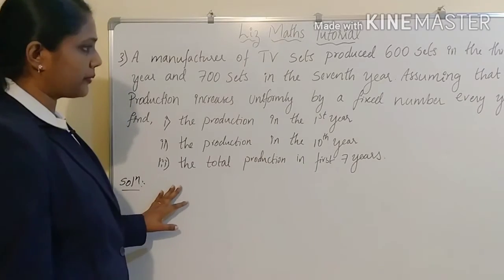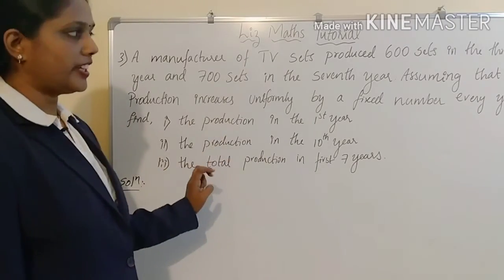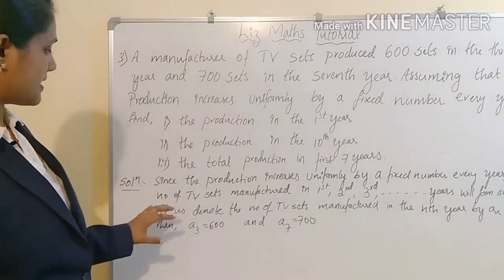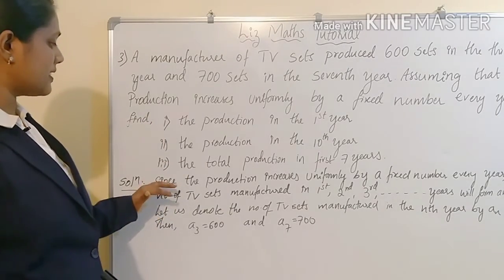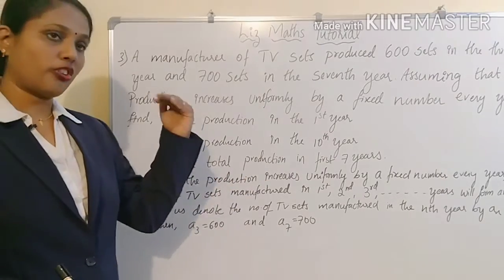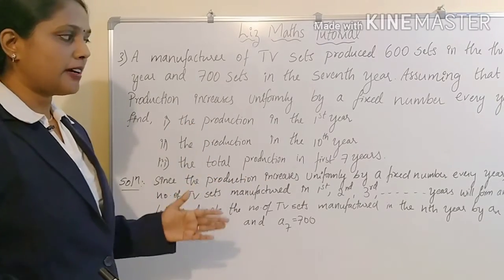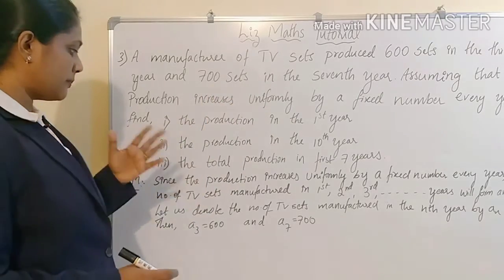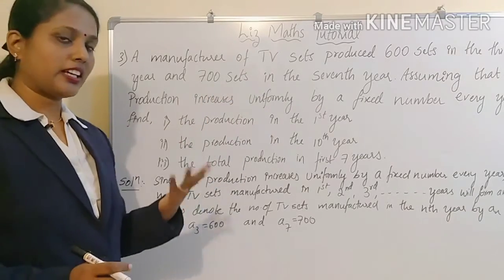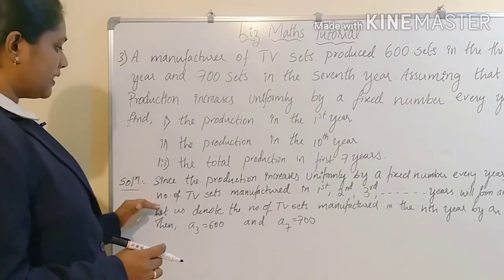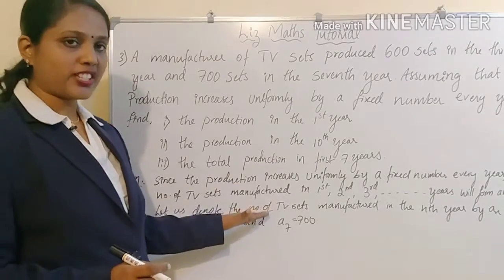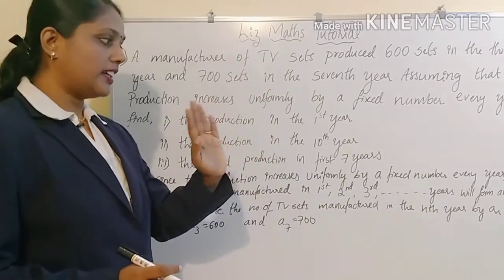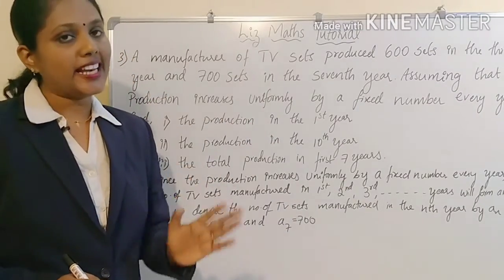First you have to write the summary of the question. Since the production increases uniformly by a fixed number every year, as given in the question, the number of TV sets manufactured in the first, second, third, and so on years will form an AP.